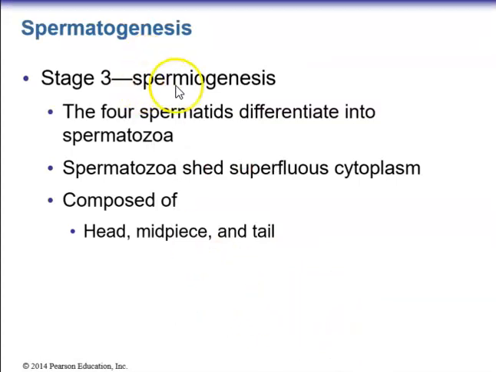So stage 3, spermiogenesis. This is when we have 4 spermatids that differentiate into spermatozoa. Spermatozoa will shed their superfluous cytoplasm, and the spermatozoa at this point look like true sperm with a head, a midpiece, and a tail.